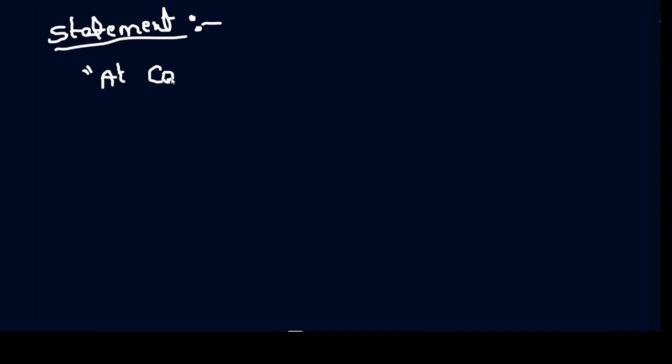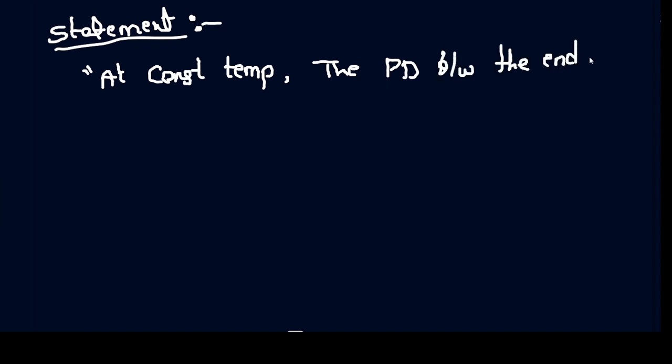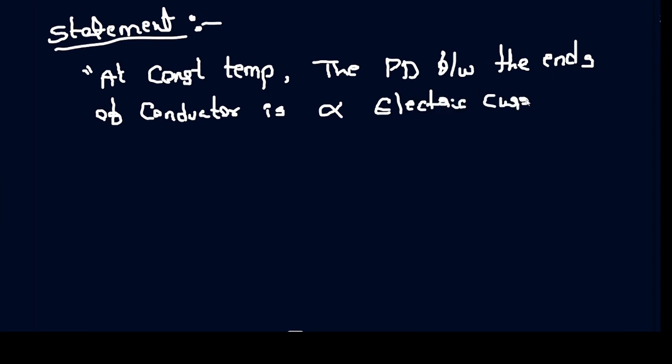At a constant temperature, the potential difference between the ends of a conductor is directly proportional to, this is the proportionality symbol, the electric current passing through it.